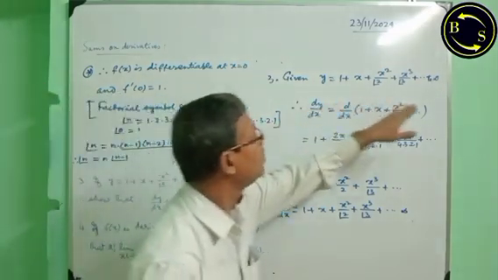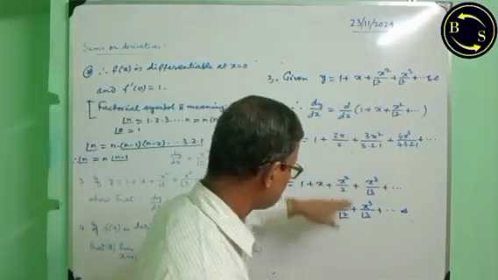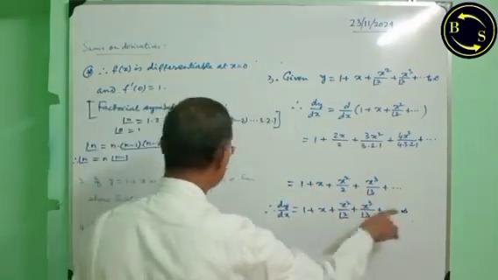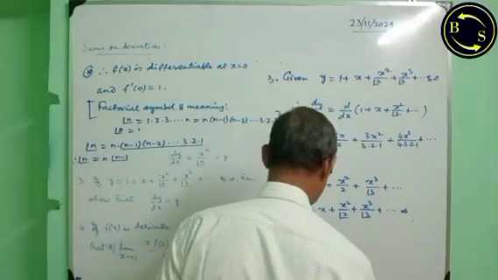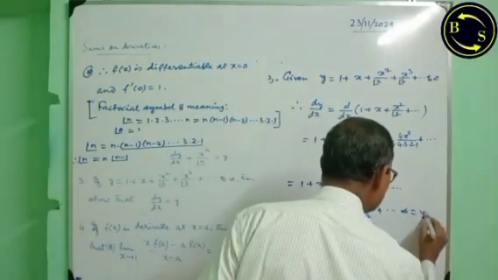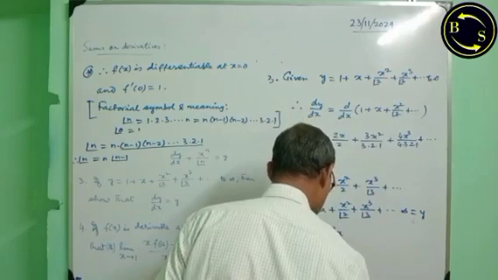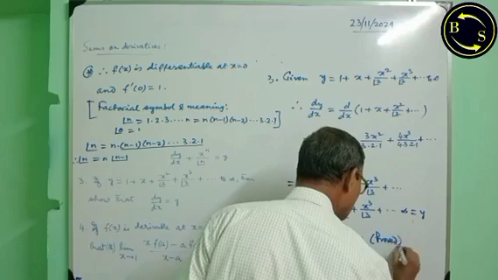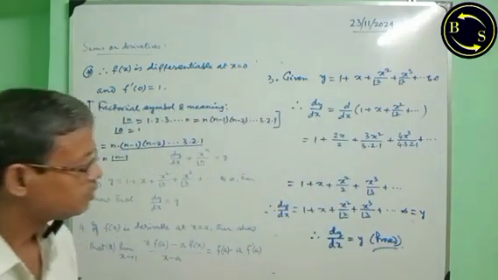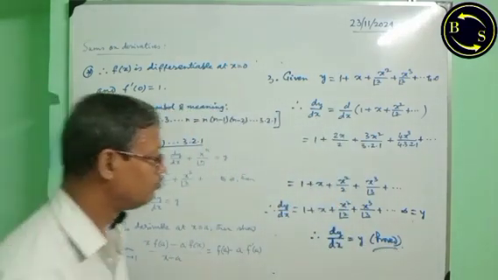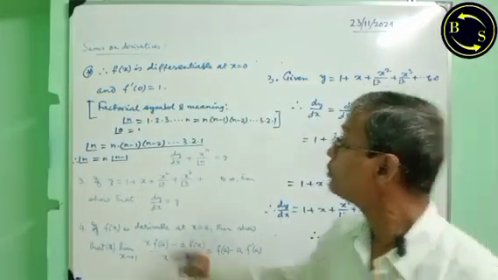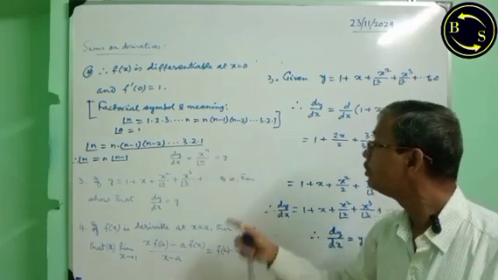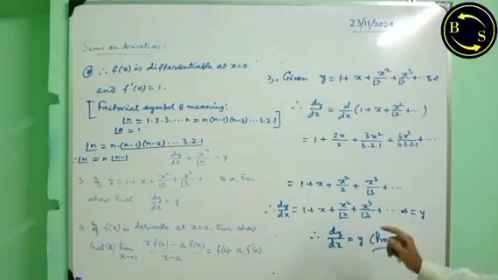First y equal to this one, we differentiate it, and after simplification we get this one, and finally this one, and this is nothing but this y. Therefore, dy/dx equal to y. This number 3 sum is similar to number 2, therefore I have worked it out like this.